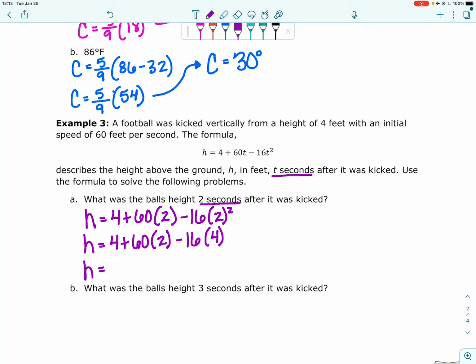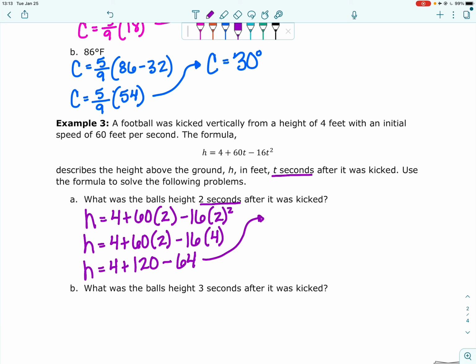And then H equals, I've got some multiplication, so 4 plus 60 times 2 is 120. And then minus 16 times 4 is 64.